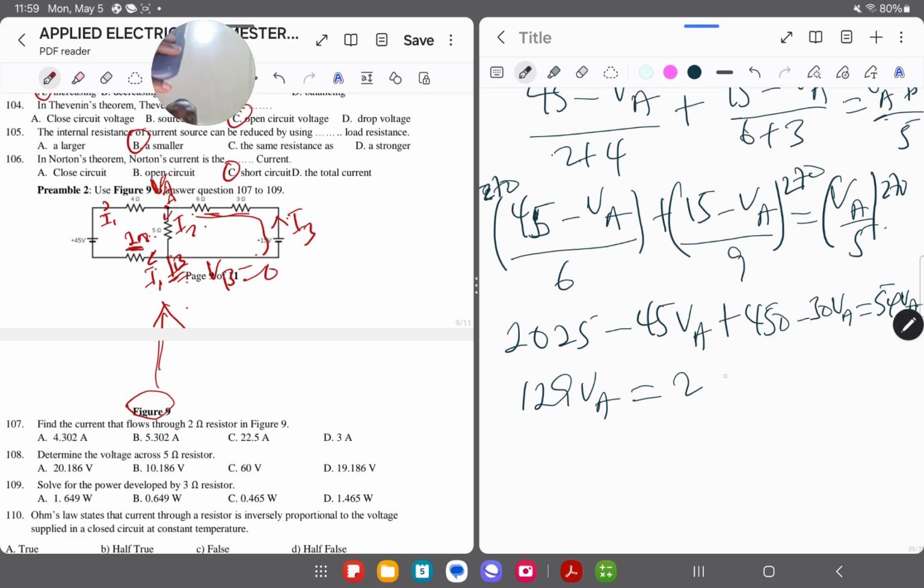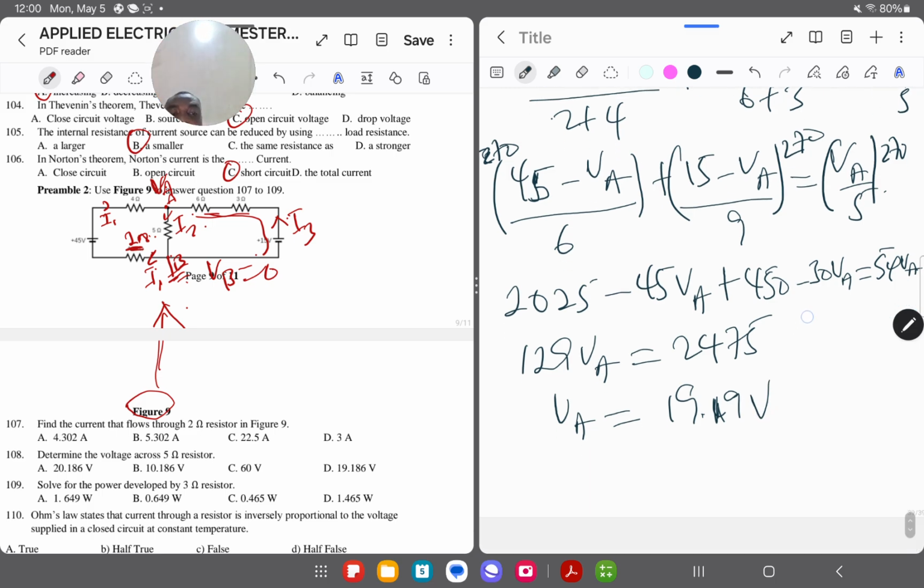That gives me 2,475. So VA is going to be equal to this divided by 129, which is 19.119 volts.